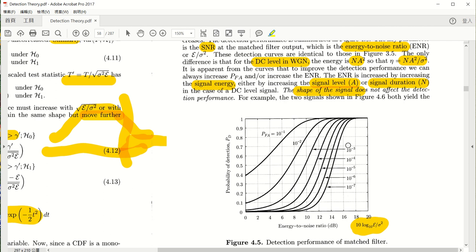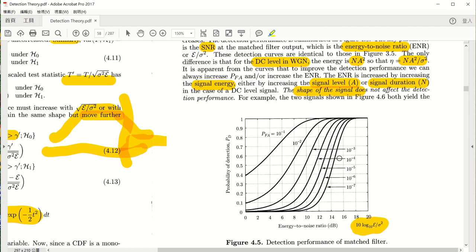Of course, if we are asking for a lower PFA, we are going to suffer in PD, right? As I mentioned, the best thing is you want to reach a point where it has very high PD and very low PFA.